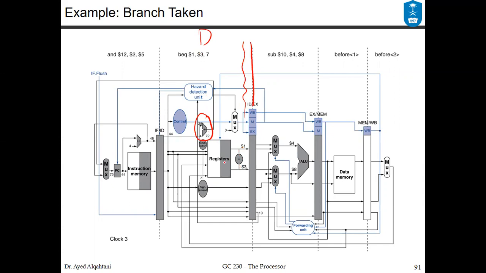Look, this is at the end of the ID or decode stage. So we added this hardware that compares registers 1 and 3, since we have 1 and 3 here. So this is the hardware that we added here and there. This one we moved, and this one we added. This is new hardware to compare.